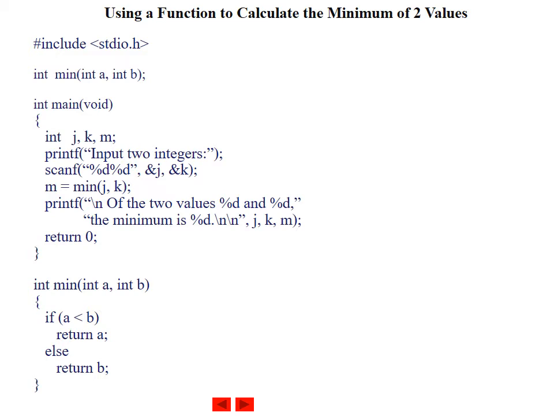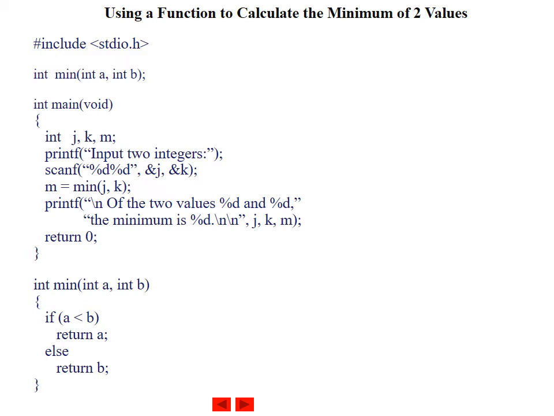Then printf input two integers. Now you see that in this case, the scanf is taking two variables at once. So you enter the first one, then you strike enter the second one without a prompt, right? Then m is called min(j, k). Now when you say min, this is a function because of this parenthesis, it shows that what we are calling is a function.